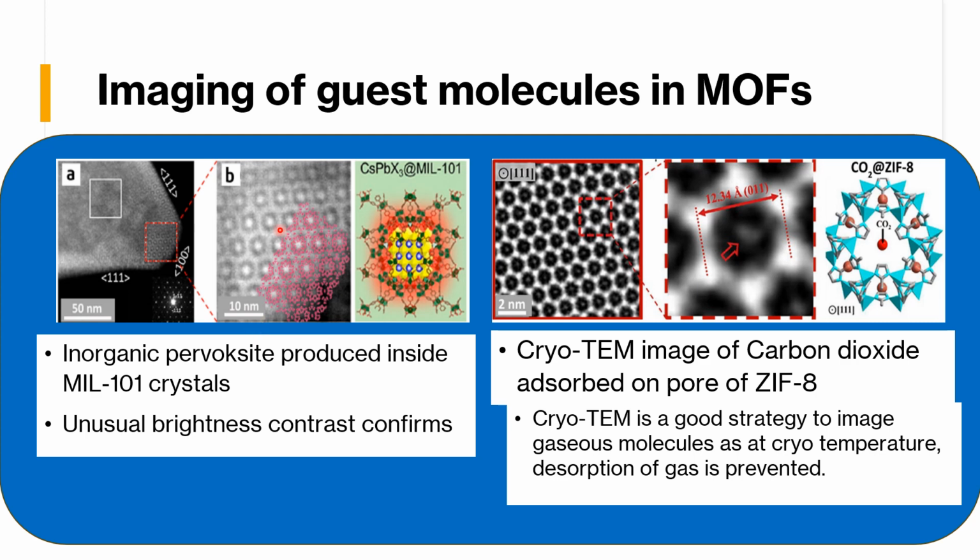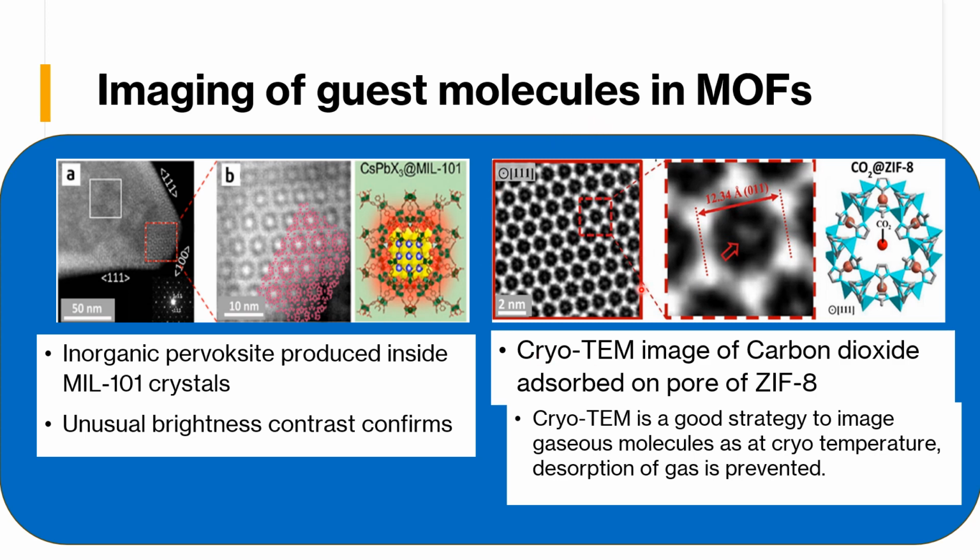This brightness confirms that the inorganic peroxide was formed inside the MIL crystal. In this way the guest molecule was imaged, and there comes the other example of the ZIF crystal, in which CO2, a gas, was trapped inside the ZIF crystal.